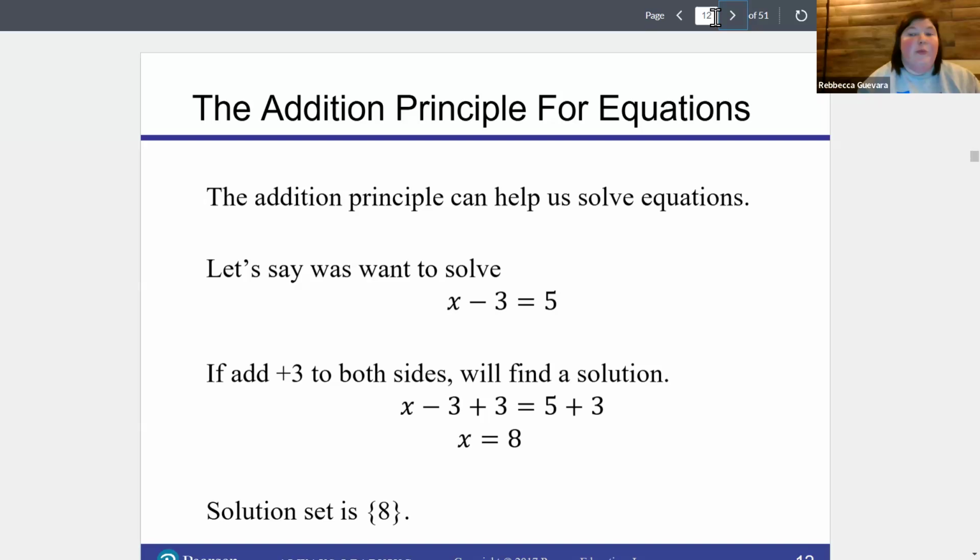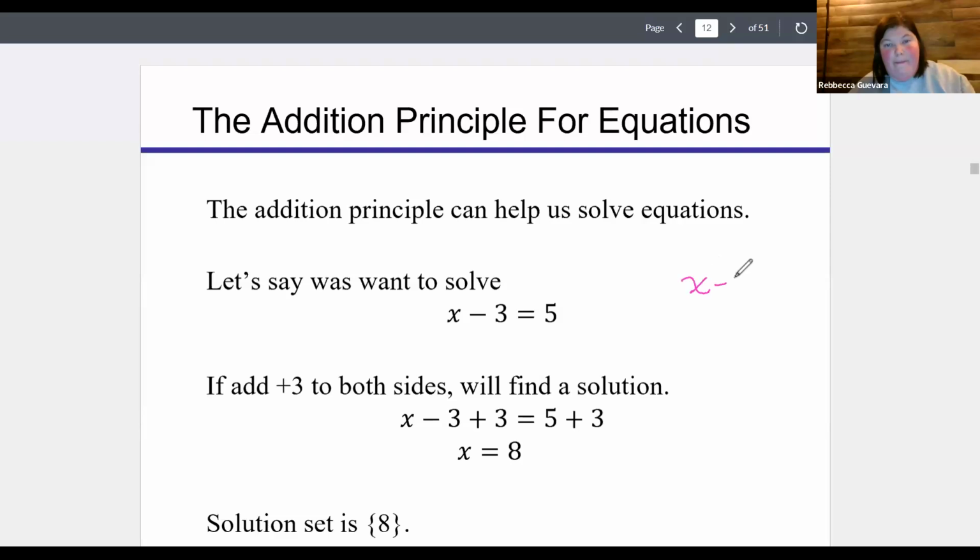The addition principle can help us solve equations. So if we had x minus 3 equals 5, well, that also means that I can take this. So we have an expression here, an expression here. And what I can do is add 3 to both sides. And that's still equivalent.